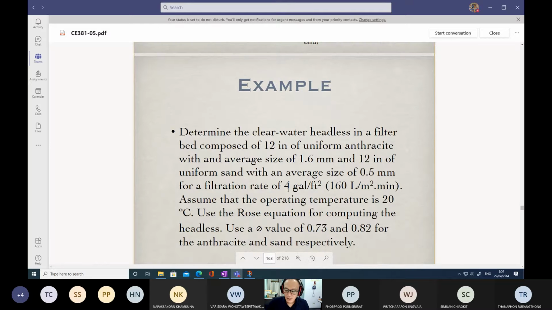Okay, so now let's have a look at an example. How do we determine the loss, especially the initial loss, in this equation?